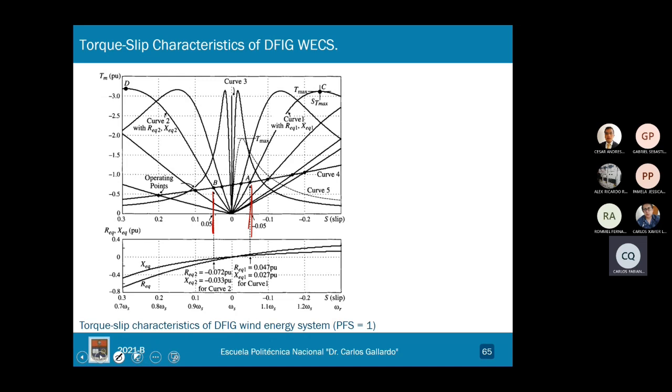So my main conclusion: it is not a motor, it is always in generating mode and delivers its mechanical power to the grid. On the other hand, for comparison purposes, I will have the curve 5. So let's analyze this curve 5.